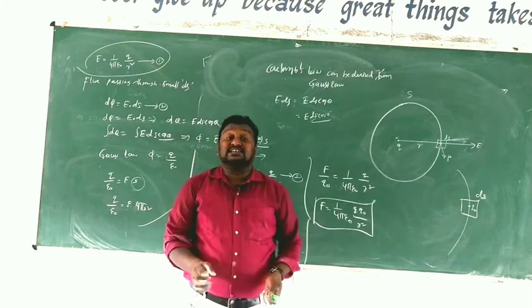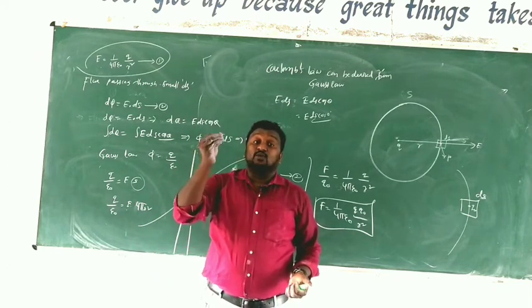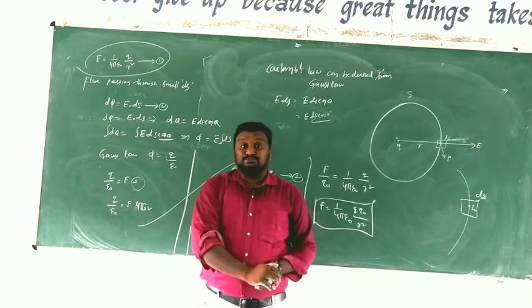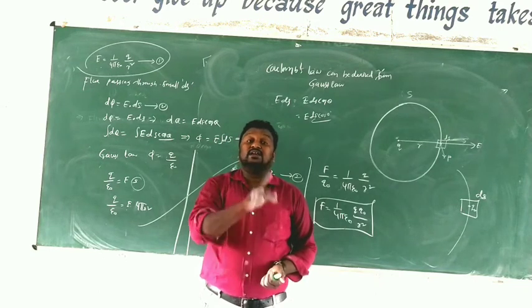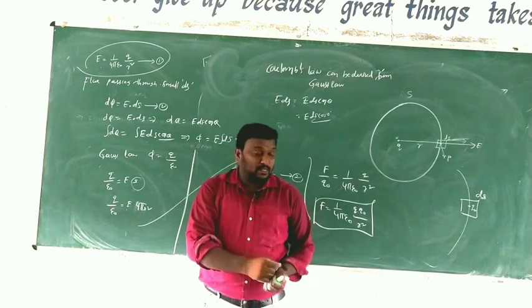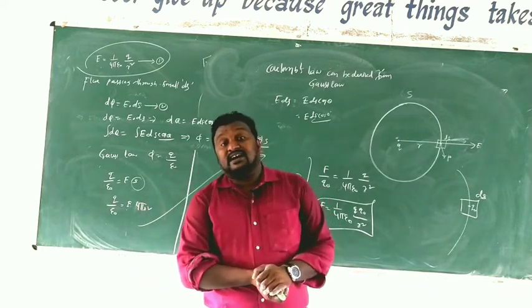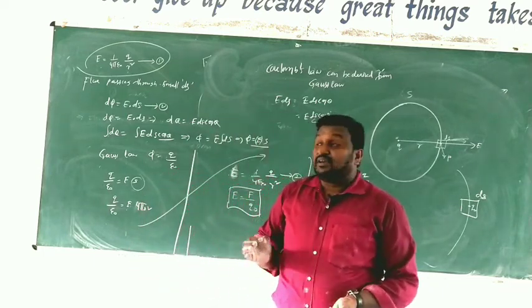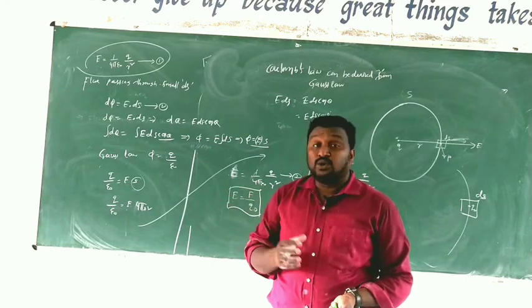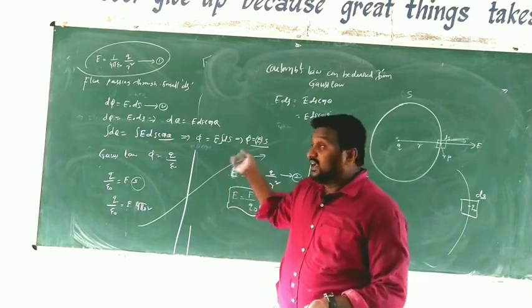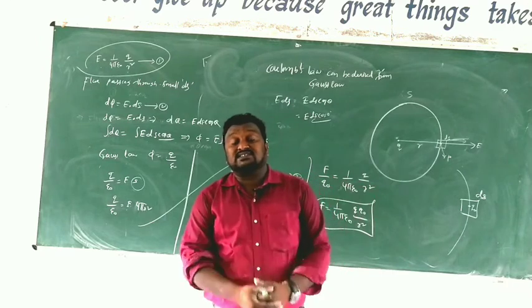In this way, Gauss law obeys the inverse square law also; it depends on the 1 by r square rule. In this way we can derive Coulomb's law from Gauss law.